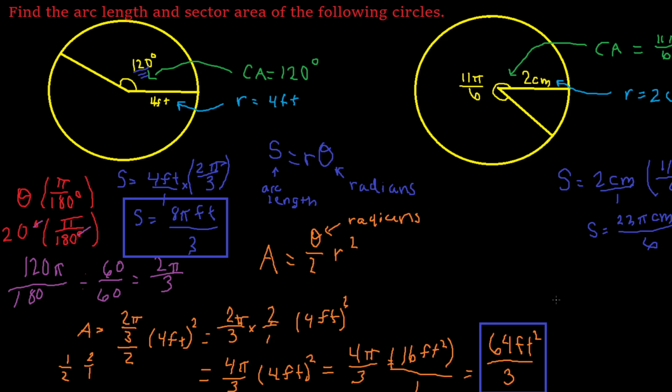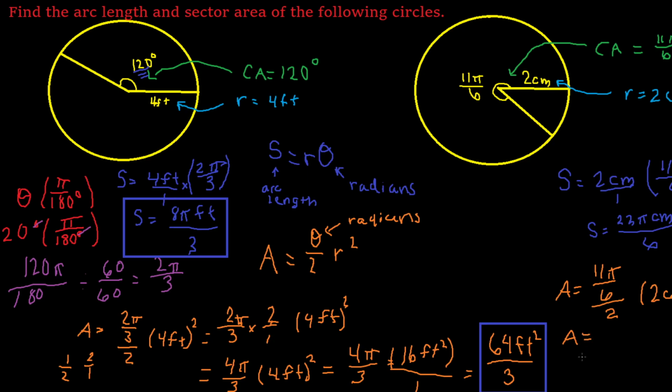So our sector area is equal to 11 pi over 6 divided by 2. Put our radius in parentheses, so we get 2 centimeters squared. So we do our same simplification as we did earlier.